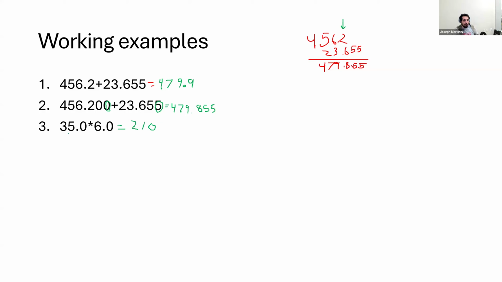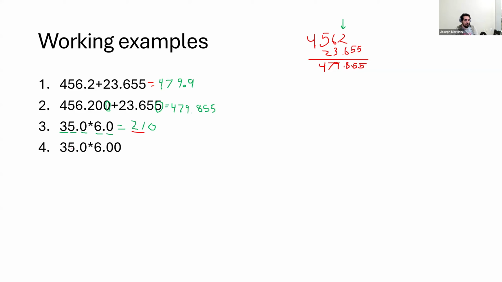But in a multiplication, you want to round to the least number of significant figures. 35.0 has 3 significant digits, 6.0 only has 2. So we round this to 2 significant digits. So 210, it's already rounded there. But what we know in our head is that the 2 and the 1 are significant here, and that zero is insignificant.